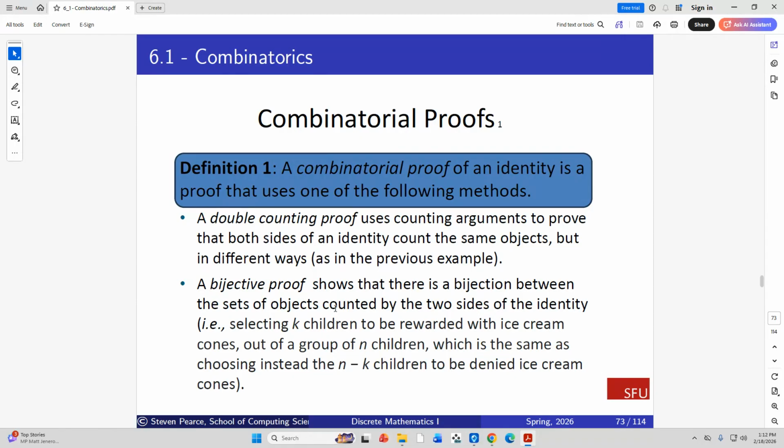A bijective proof shows that there is a bijection between the sets of objects counted by the two sides of the identity, i.e. selecting K children to be rewarded with ice cream cones out of a group of N children, which is the same as choosing instead the N minus K children to be denied ice cream cones. So you look at one half of the population, and then you look at the complementary half of the population.